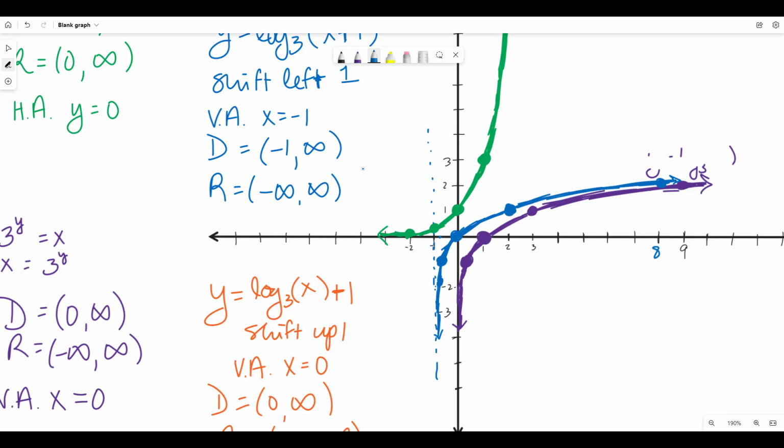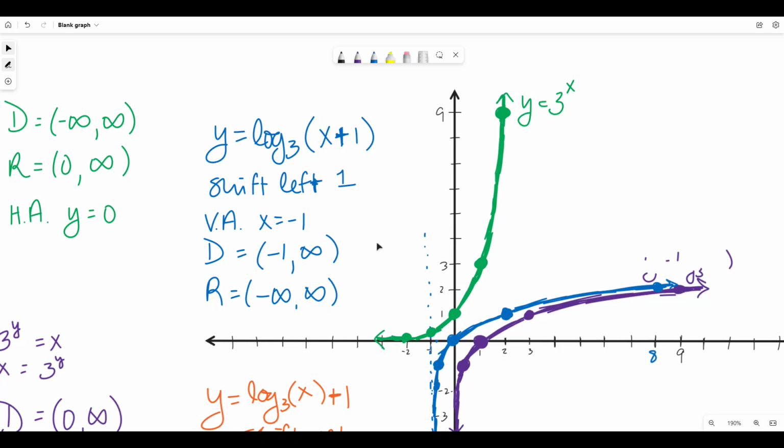By the way, you can also figure out your vertical asymptote and that starting point for the domain by looking inside your log. If it's not just a plain old x, then the vertical asymptote is not necessarily x equals 0, but you can take your stuff inside your log, in this case x plus 1, and set it equal to 0 and solve. And so if I do that, I get x equals negative 1. That's my vertical asymptote.